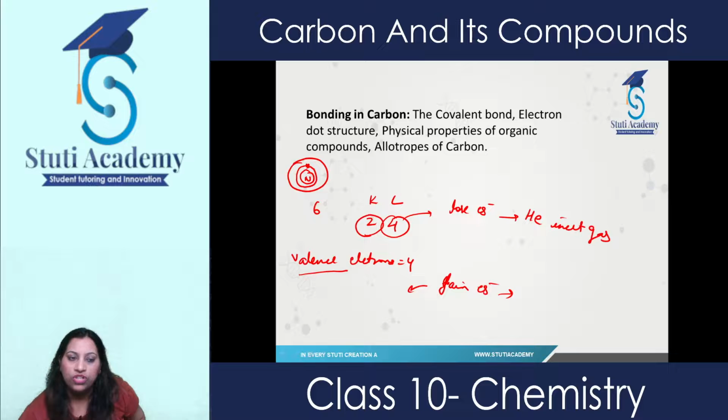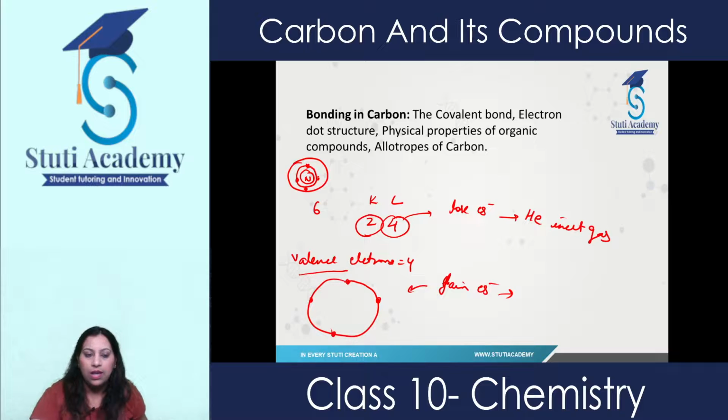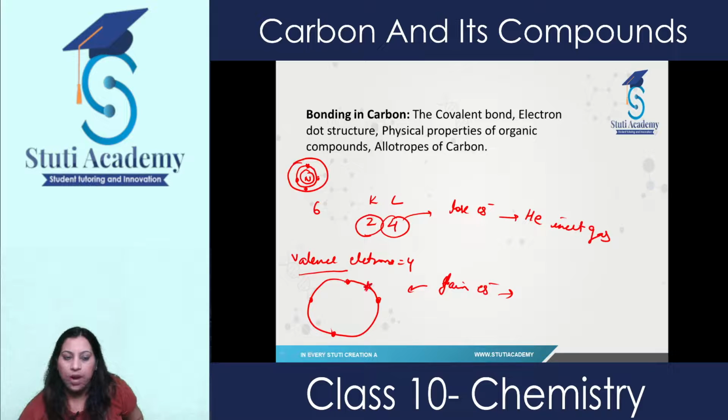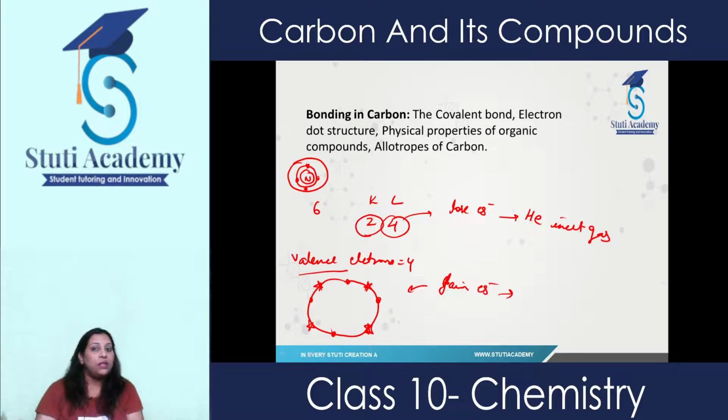Here in the outermost shell, 1, 2, 3, 4 electrons are present. See, it has 4 electrons, 1, 2, 3 and 4. And if it gains 4 more electrons, 1, 2, 3 and 4, it becomes 8 electrons in its outermost shell.